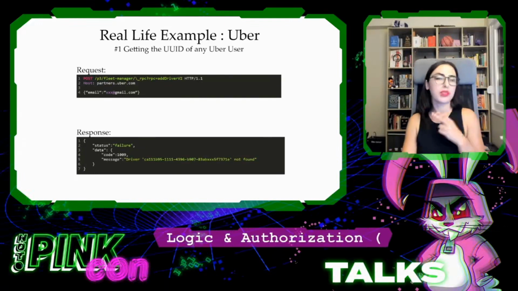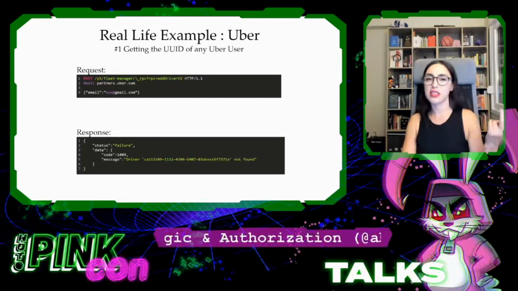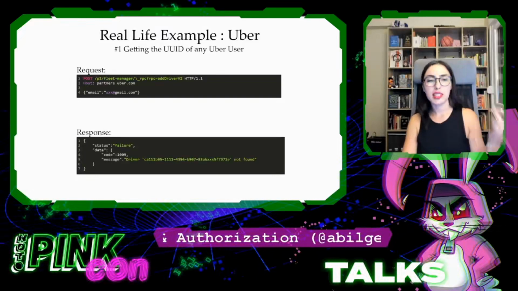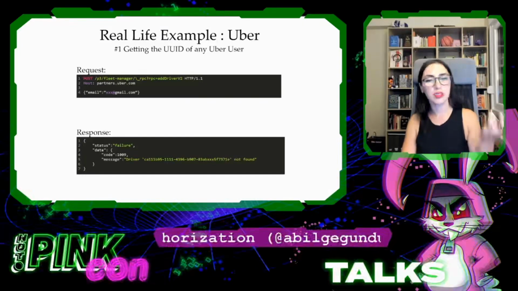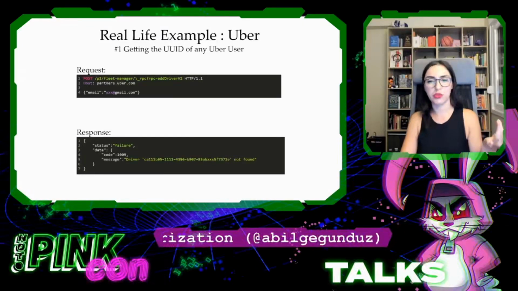So we had two APIs. One is asking for a phone number and gives us the ID of the user. And the second one is asking for email as a parameter and also gives the UUID of that user.